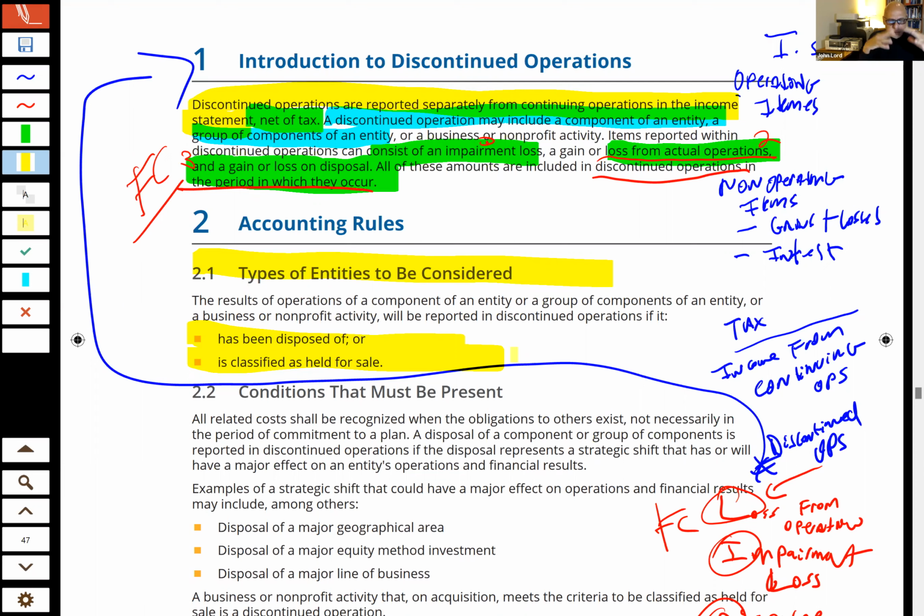You've heard of GM, General Motors, and General Motors has all kinds of different types of product lines. They have their electric cars. They have the Buicks. They have their trucks, the GMC trucks, all that.